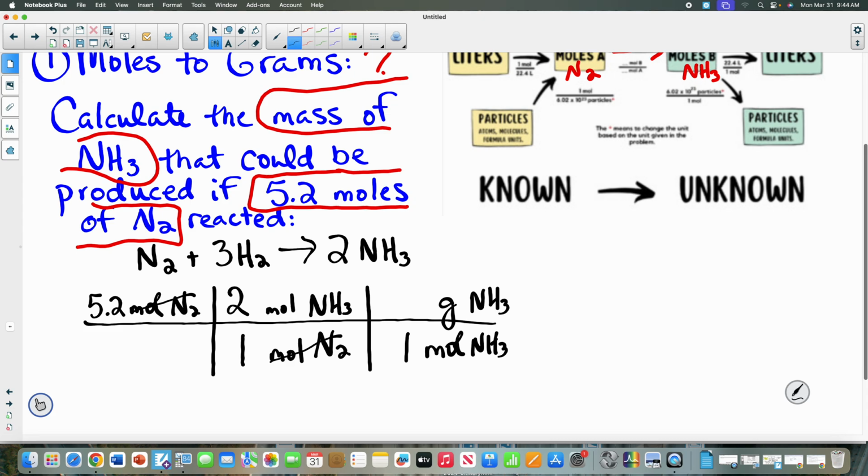Okay, so that means I need the molar mass. 17. Good. Cancel that. So the math here is going to be 5.2 times 2 times 17. Right? I only have ones in the bottom, so I don't need to divide by anything.